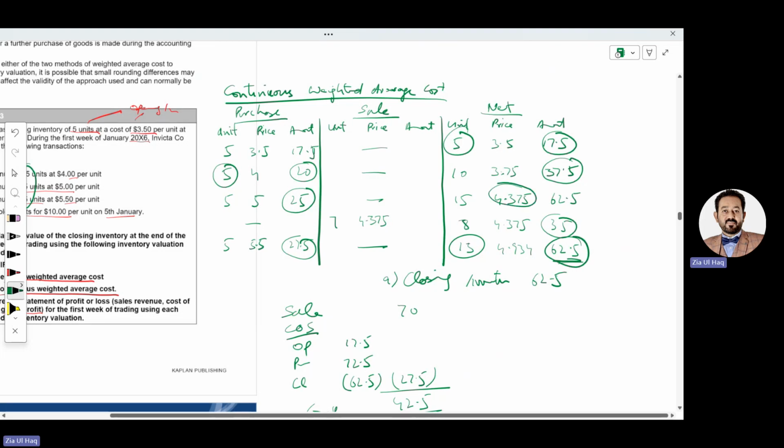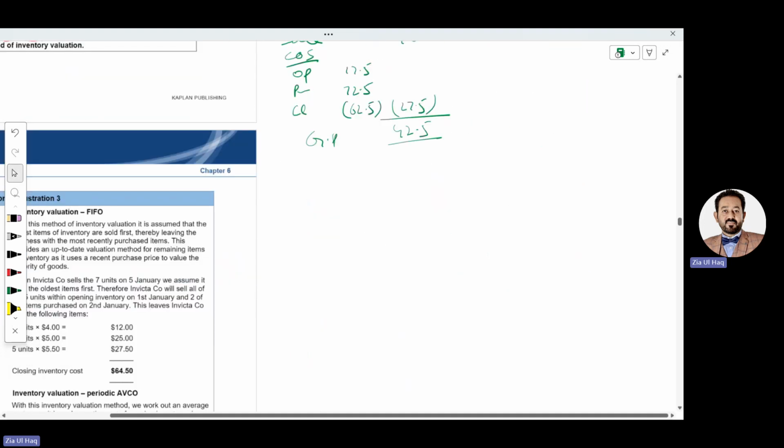Is that 4.375? 62.5 divided by 15 is 4.17 rather than 4.375. That's why this value is coming wrong. So you need to calculate this again, 4.17. So there is one mistake, but the process is the same. That's why the GP figure is different in the answer.